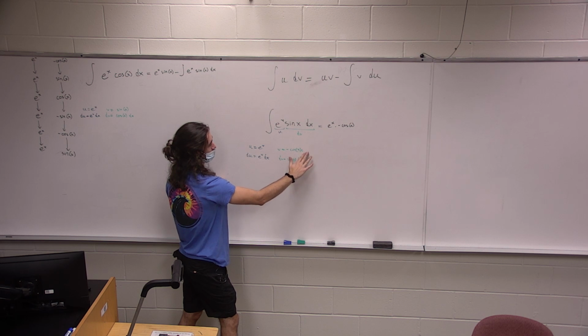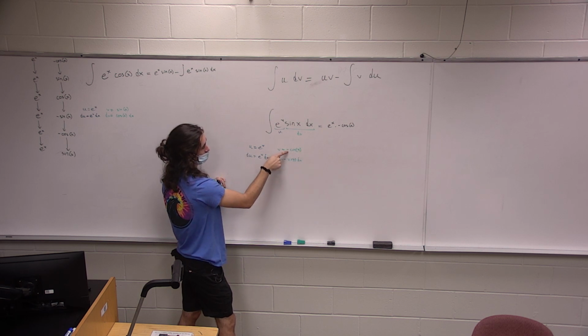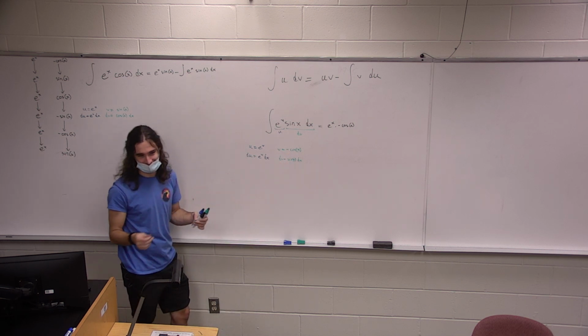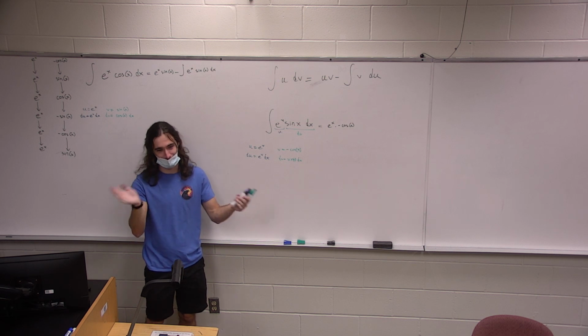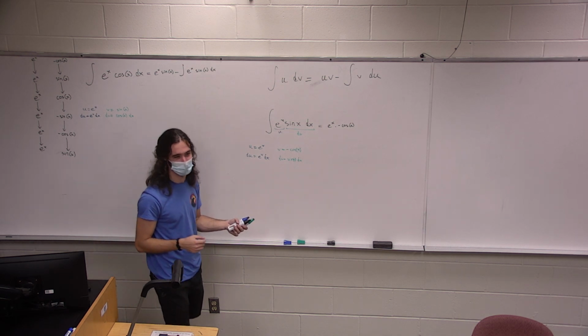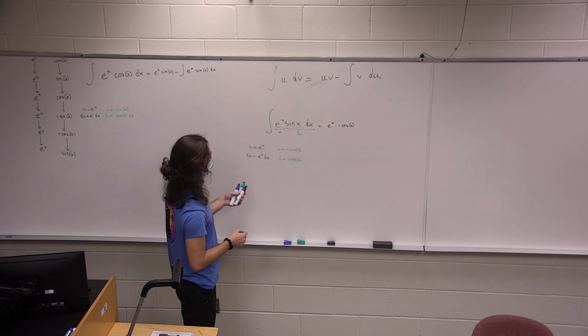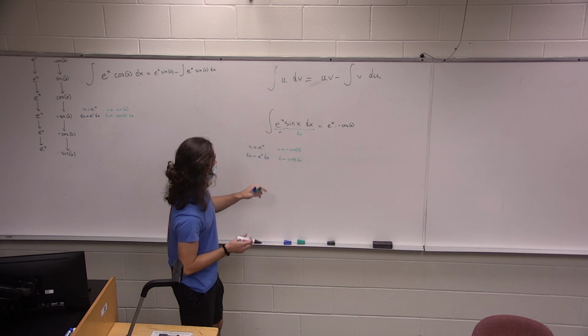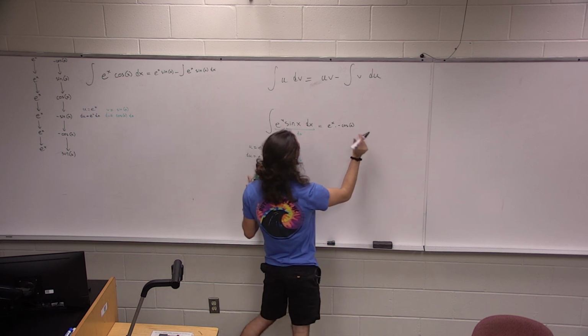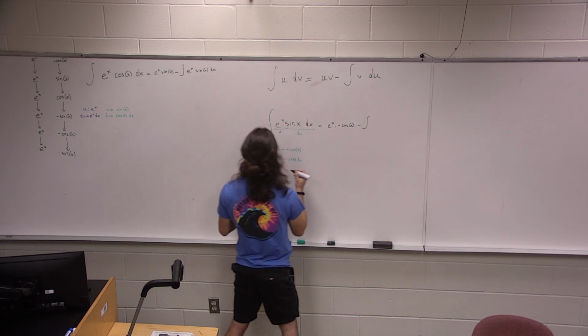This should not have a dx. At least that's the way the notation works in this context, which, like I said, is a whole jumbled soup of different inventors' notations all put together, so it's kind of a mess. But anyway, that's u times v minus the integral of v du.